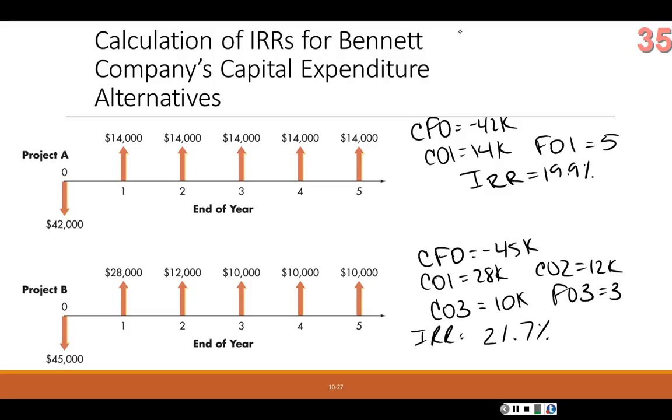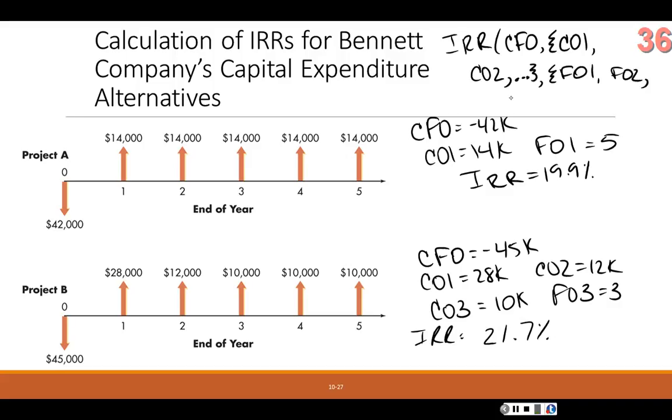So if you have a graphing calculator, you choose IRR, cash flow at time period 0, comma, braces, cash flow at time period 1, comma, cash flow at time period 2, comma, as many as there may be, close braces, comma, braces, frequency of the first cash flow, comma, frequency of the second, comma, etc., close braces, close parentheses.